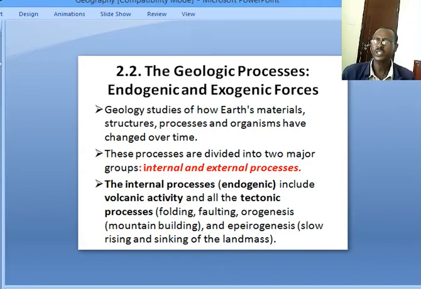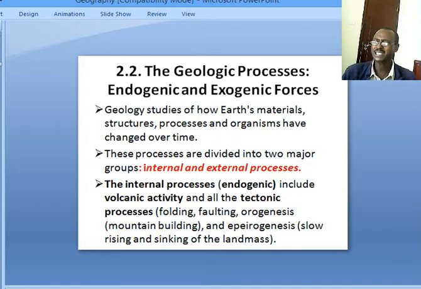We say geology studies how Earth's materials, structures, processes, or organisms have changed over time. These processes are divided into two major groups, internal and external. The internal process is called endogenic, which includes volcanic activity and all the tectonic processes.